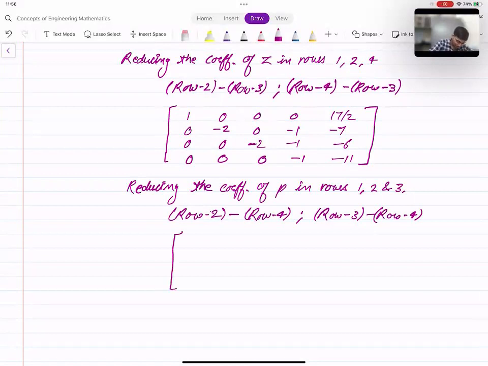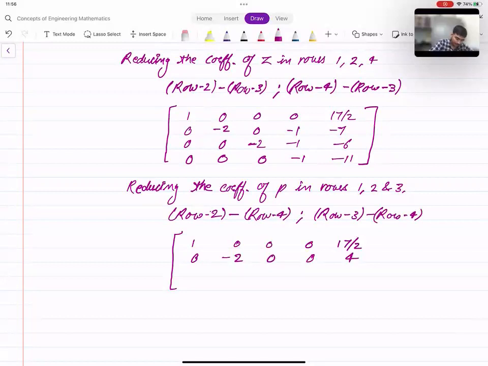After doing this, what is obtained is this: the first row remains the same, 1 0 0 0, then 17 by 2. Now we have subtracted row 4 from row 2. So this is 0, this is minus 2, this is again 0, this has been subtracted so this is 0, and this has now become 4, because minus 7 plus 11 is 4.